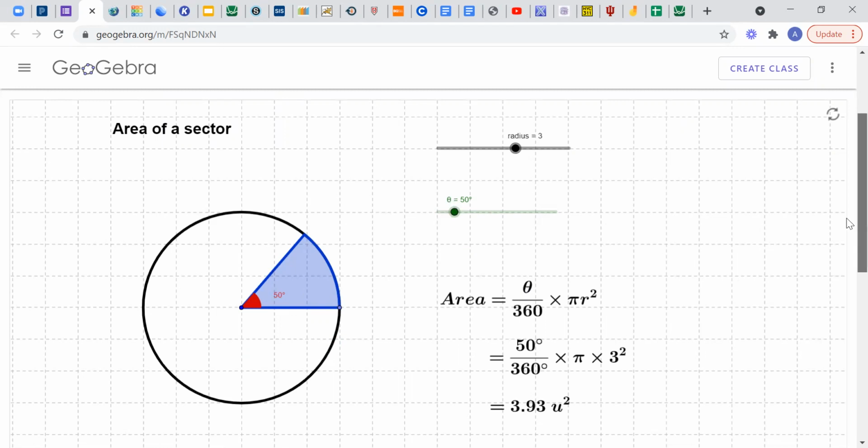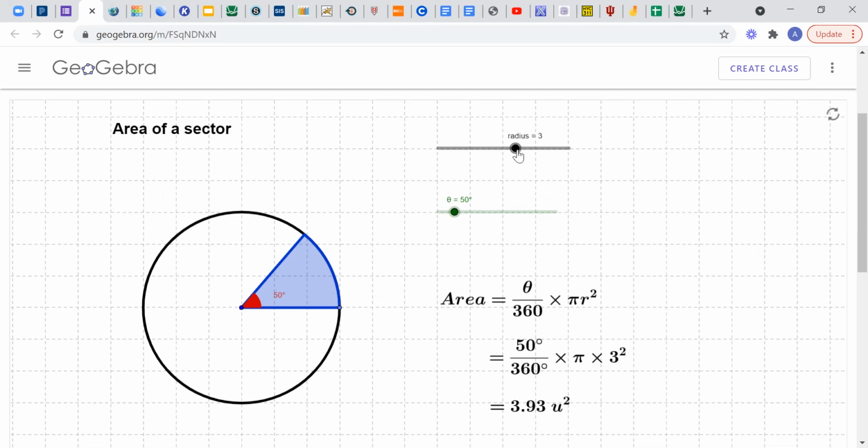Since theta is 50 and r is 3, r squared times pi times 50 over 360 is going to give them this. And u means units squared. If it's in kilometers, it's gonna be kilometers squared. If it's in inches, it's gonna be inches squared. If it is in centimeters, it's gonna be centimeters squared. If it's in feet, it's gonna be feet squared.